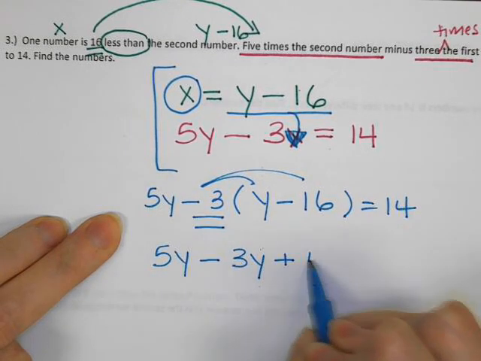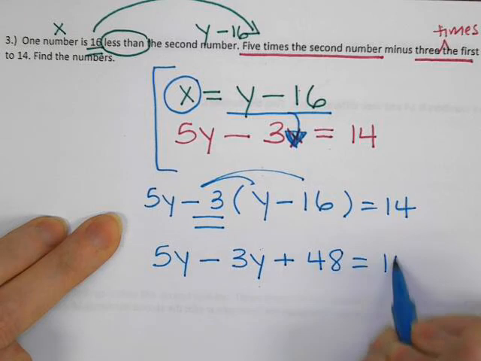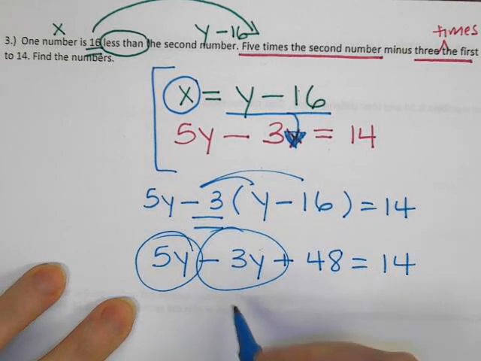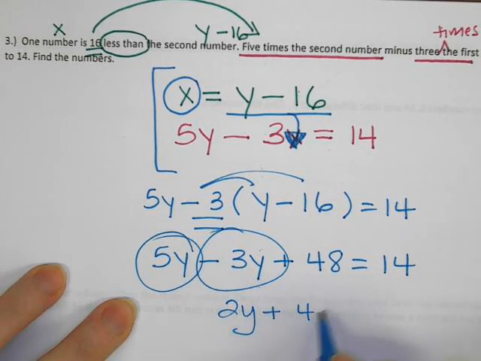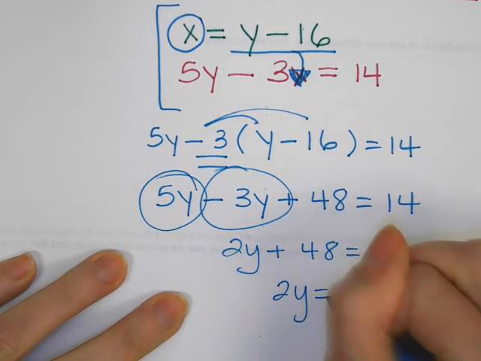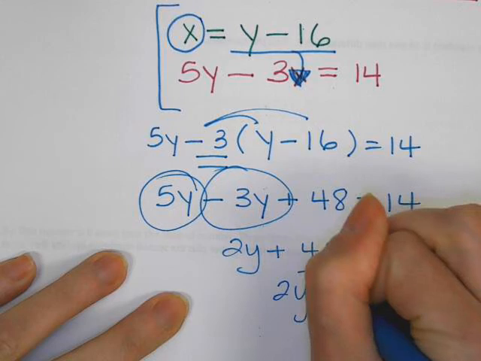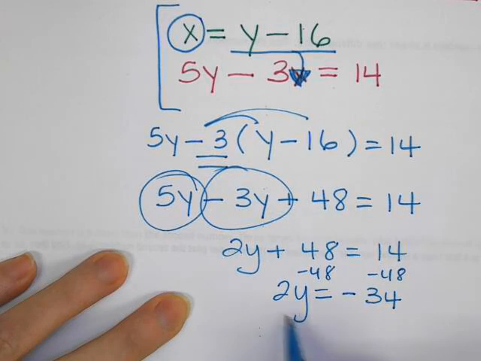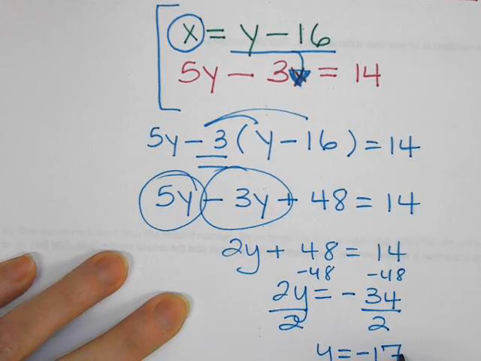Then this will be plus 48 equals 14. And then add like terms. We're at 2y plus 48 equals 14. And then minus 48 to both sides. You get 2y. What is that? Negative 34. And then divide by 2, divide by 2. So y is negative 17.